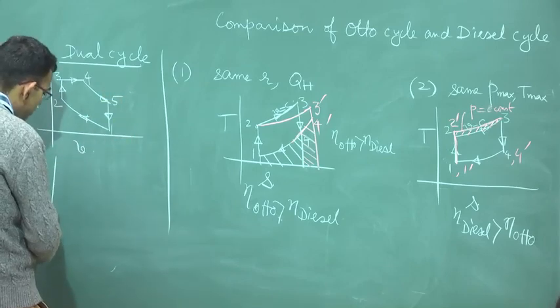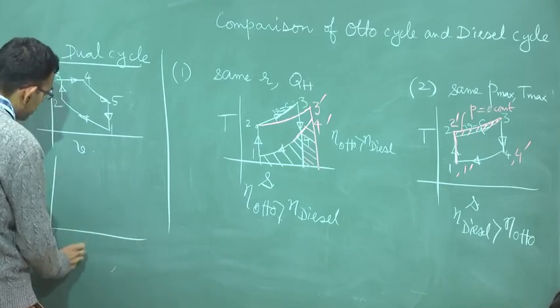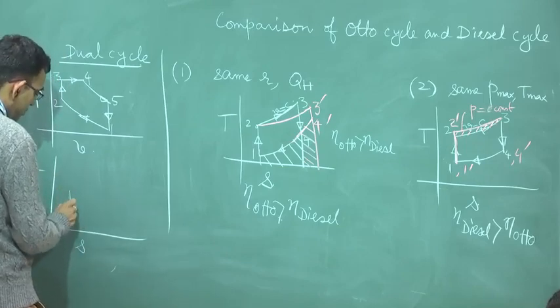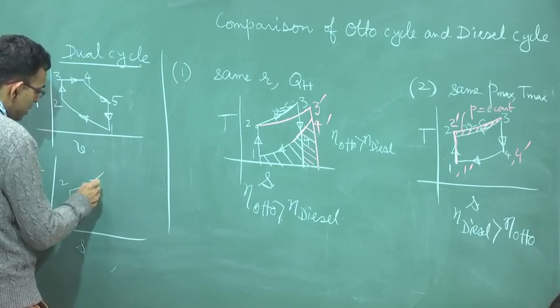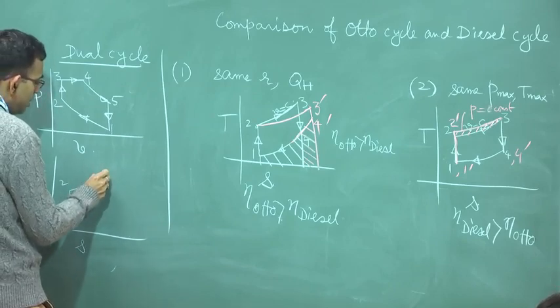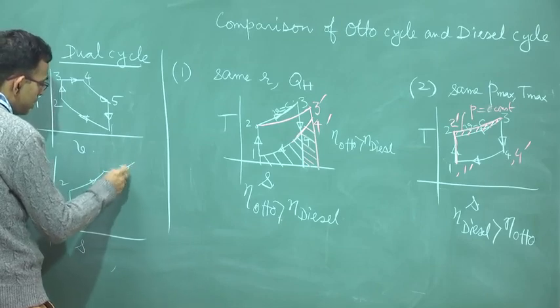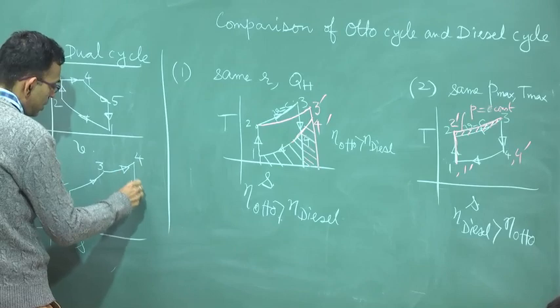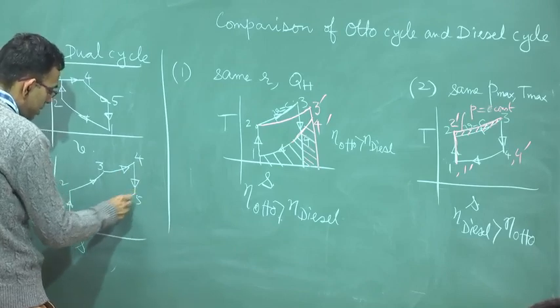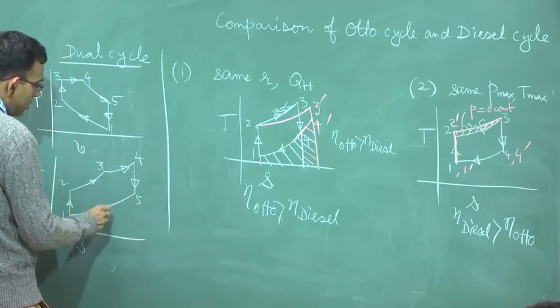And in the TS diagram, first the steeper constant volume curve and then the less steep constant pressure curve, then reversible adiabatic expansion and then heat rejection.